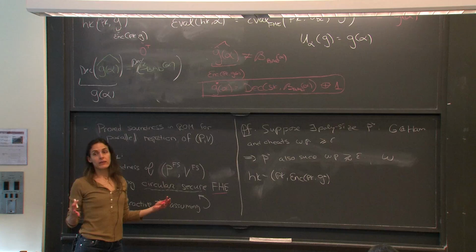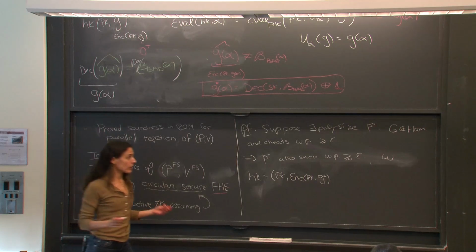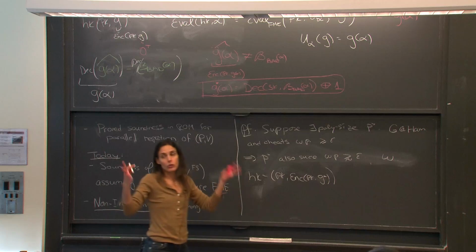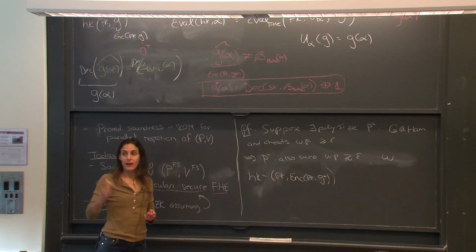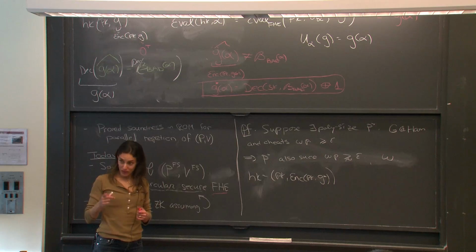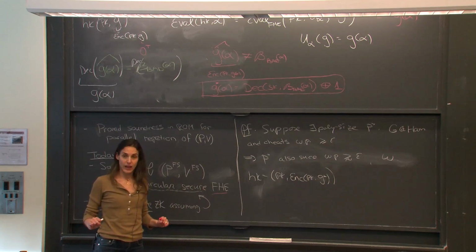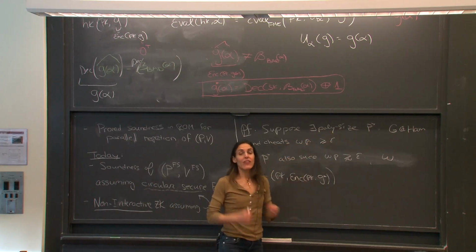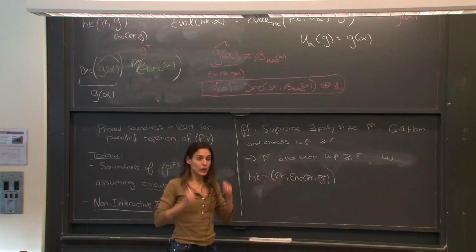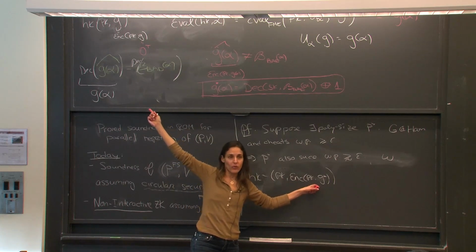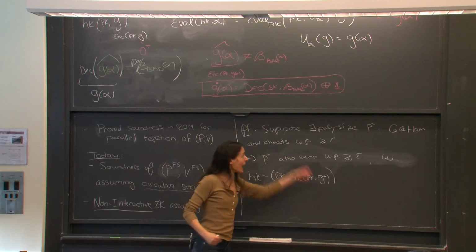Why? By semantic security. Because you can't distinguish between encryption of G star and encryption of G. So here we're using the fact that the proof is efficient. So computational soundness, yes. We're using the fact that he's poly size, efficient, and therefore he cannot break semantic security. So he cannot distinguish between whatever the bogus G that we put in the CRS, the all-zero circuit or whatever, and this G star.